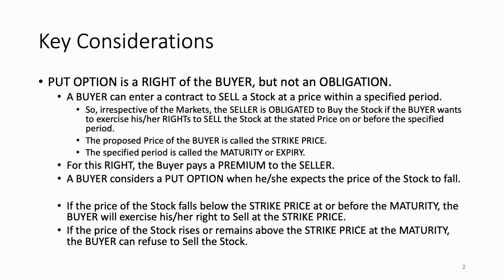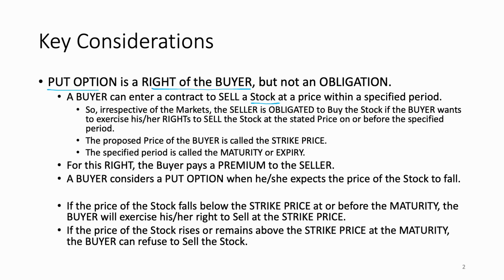Now let's get into discussion regarding specifically the put option. The put option is a right of the buyer, but it's not an obligation. What does it mean? If a buyer wants to enter into a contract to sell a stock, let's say stock is an example for us. It can be commodities, it can be currency, whatever else also.